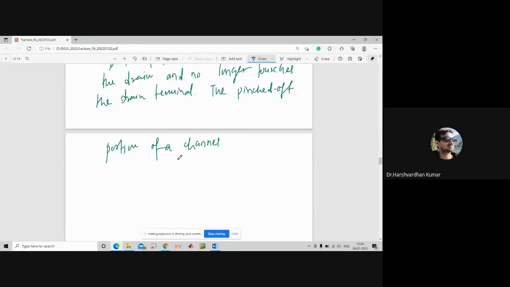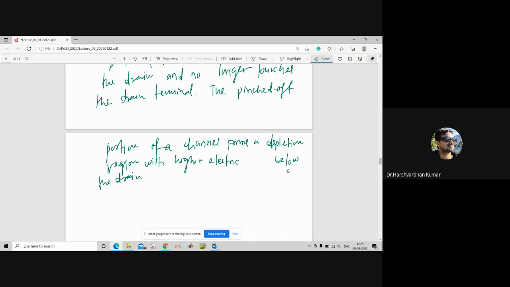So the pinched off portion of a channel forms a depletion region with a high electric field, higher electric field just below or to the surface of the drain side, or you can say at the drain side.